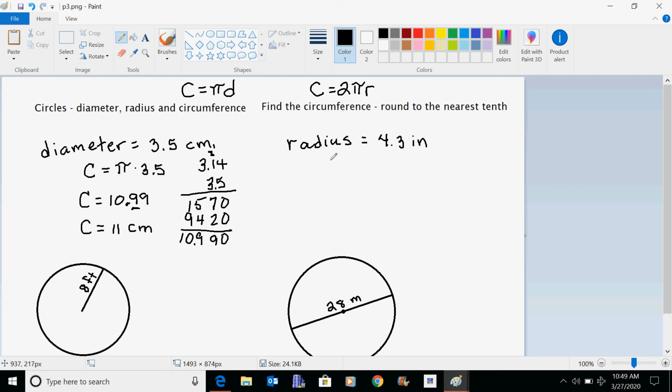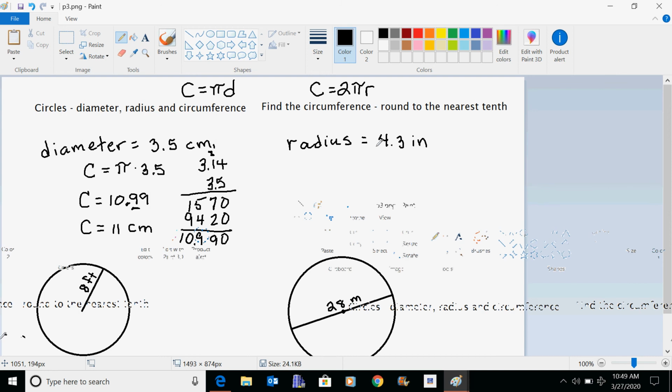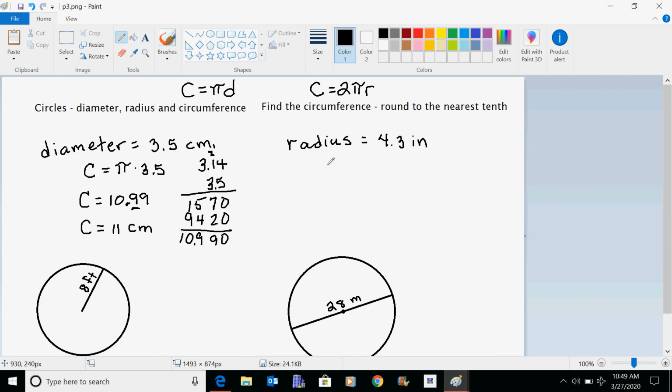Okay, so I have a radius now of 4.3. We're given the radius, so you're going to want to do 2 pi r times 4.3. It's easier to multiply 2 times the 4.3 first, so I'm going to take this as 8.6 times pi.